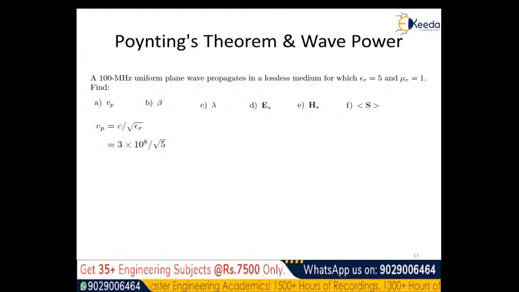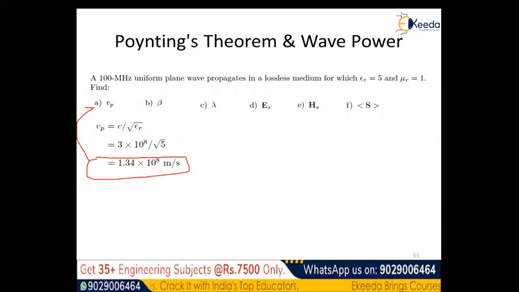If you compute the square root and divide into 3 × 10^8, we get the answer for the velocity: 1.34 × 10^8 meters per second. So here you can outline the answer for part A. So we are successful in finding the value of the velocity.